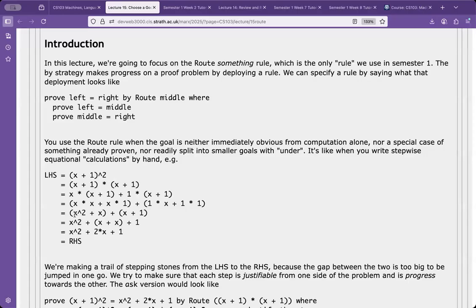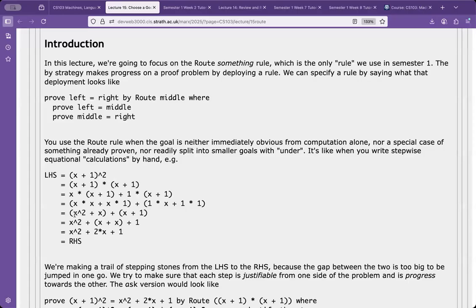We're taking a step in a calculation, and we're looking for a step where we at least know the justification for one of the sub-goals. And we're hoping that the step we make is progress towards the other side of the equation. Okay? So then the real challenge is how to actually choose what step to take.